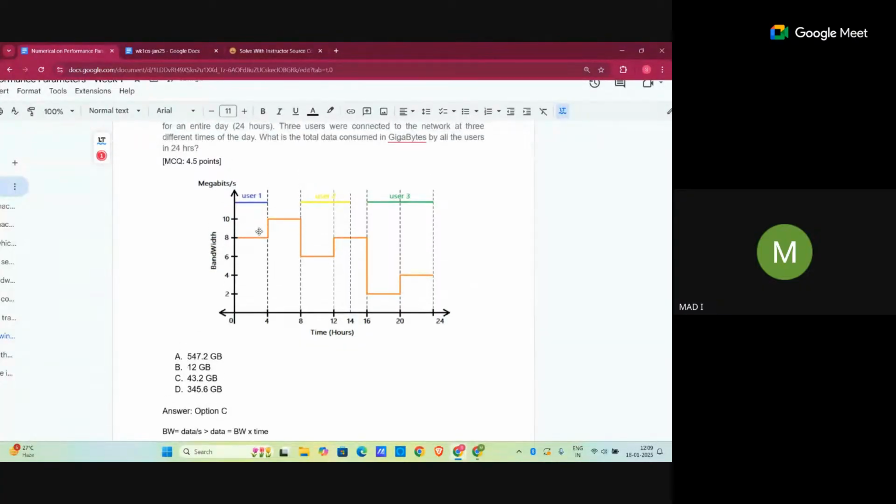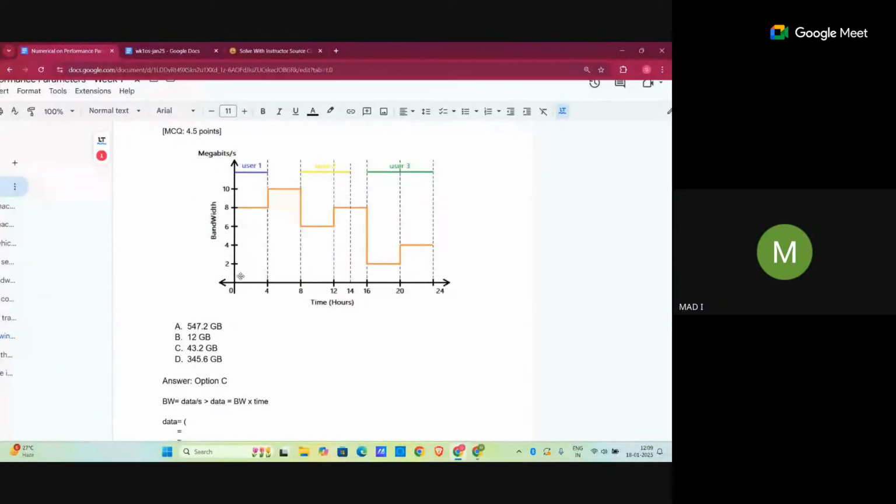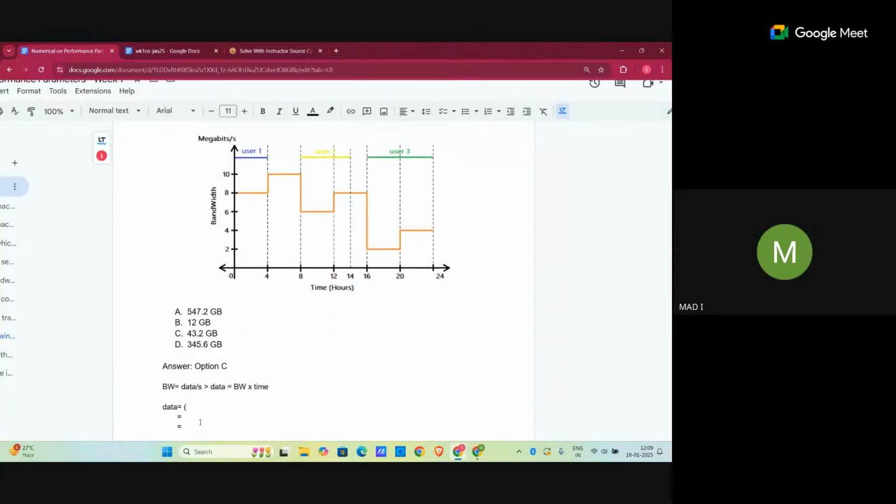So first, for user 1, the bandwidth is 8 megabits per second, and the time is 4 hours. So this is 8 into 4, plus, for user 2, the bandwidth is 6 and the time is 12 minus 8, that is 4.